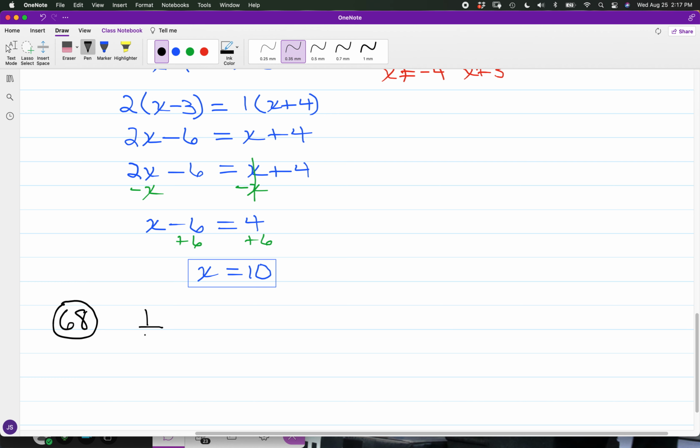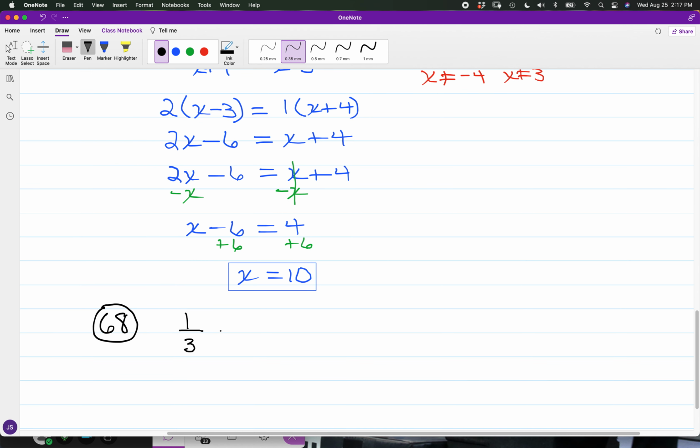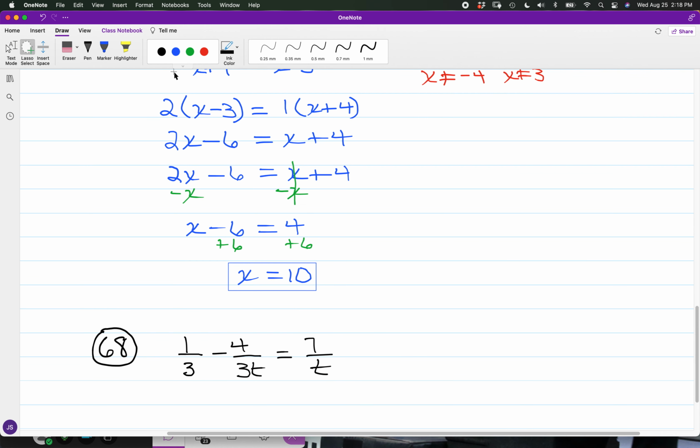So right now we have 1/3 minus 4/3t is equal to 7/t. So we're looking at solving for t, and where we have t situated, we have it in denominator position.